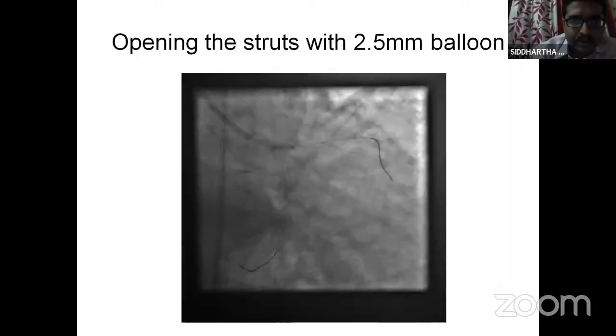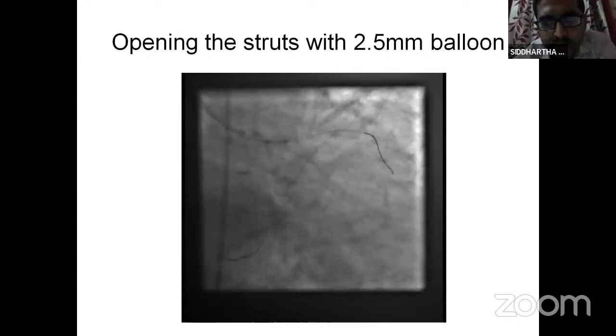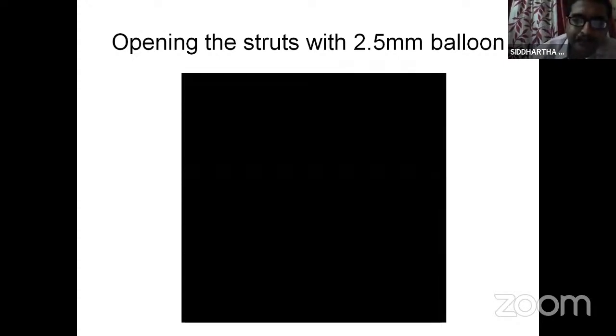That was followed by opening of the struts into the LAD, and I took a 2.5 millimeter balloon to open up the struts so that I could negotiate my stent into the LAD.